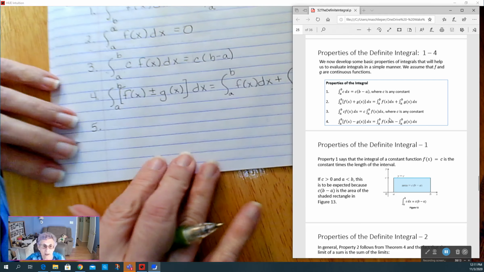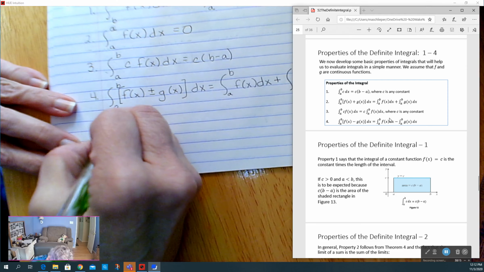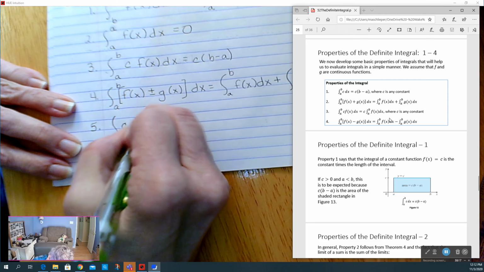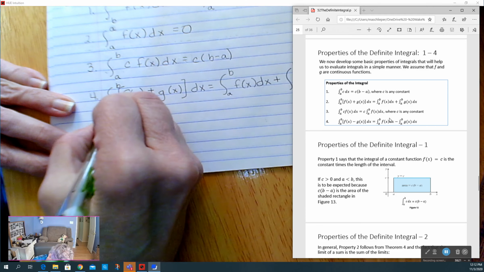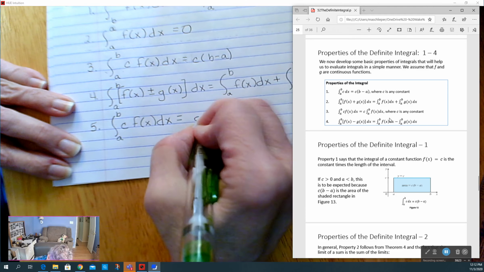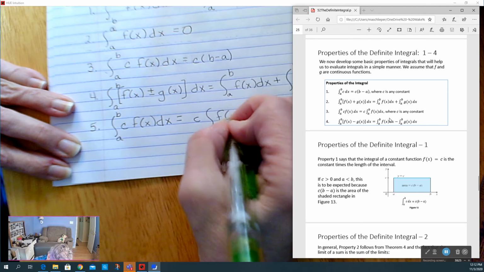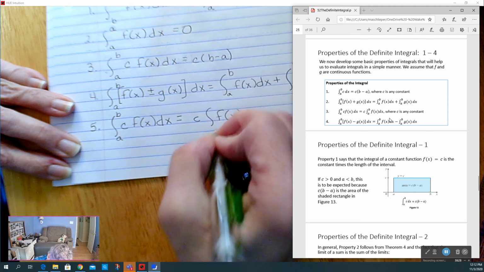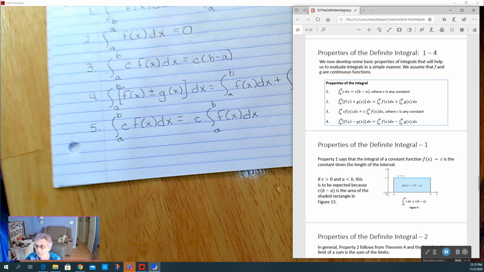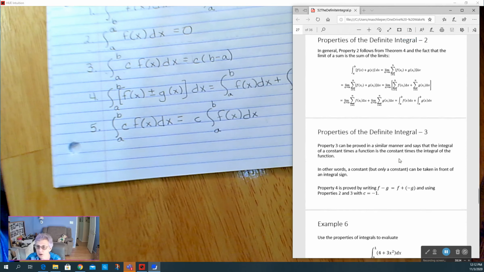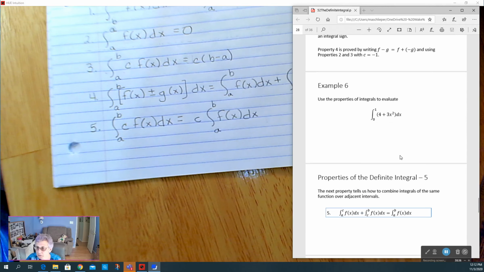And finally, if we have a constant, we can pull it out in front. Okay, this kind of goes through why they work the way they do.